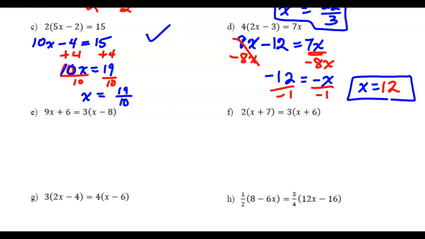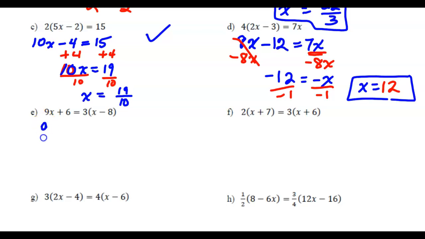Okay, now more terms even. Doesn't change anything. Still have to get rid of the brackets. And then collect some like terms, obviously. You pick up a notes sheet.